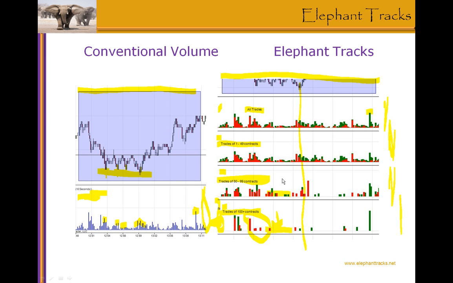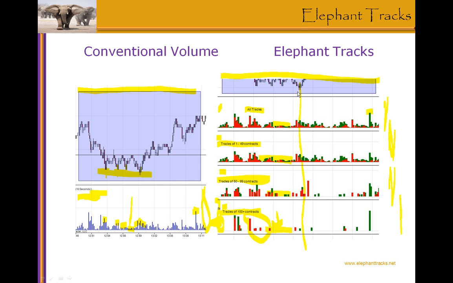There is some people playing here, a little more here, maybe quite a bit more, and that's why you see this. Or over here on the traditional volume, that's why you see this. But what this elephant tracks indicator gives us some insight to is that that move right there is not being participated in by the really large traders.